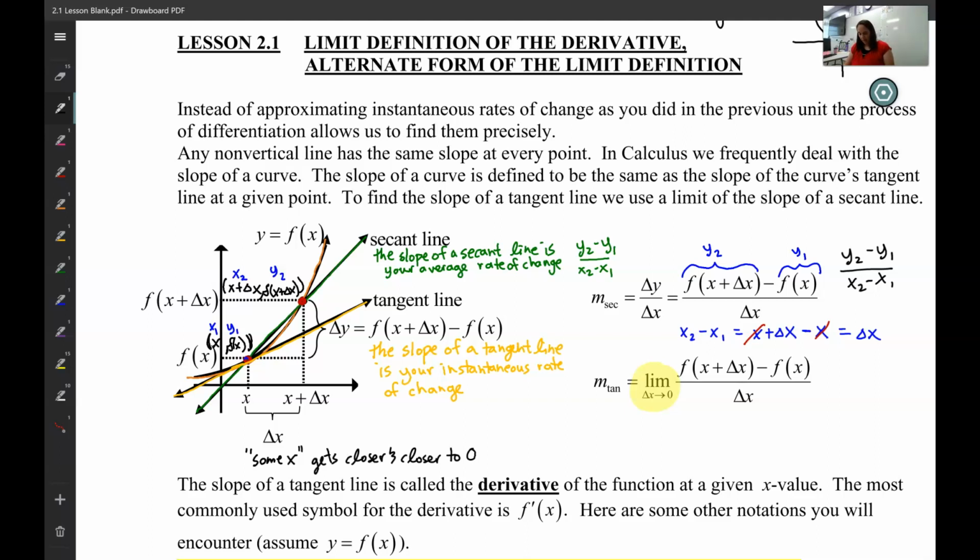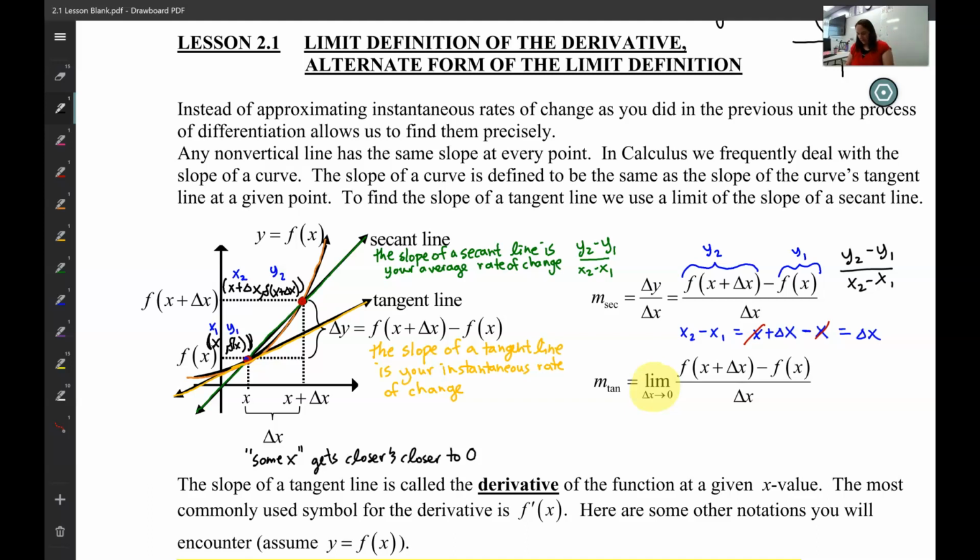So this change in x is getting closer and closer to 0. So essentially, we're squeezing that green line closer and closer to the original point. We're changing that delta x to get closer and closer to 0, and then that will give us the slope at that point instead of over the whole interval.